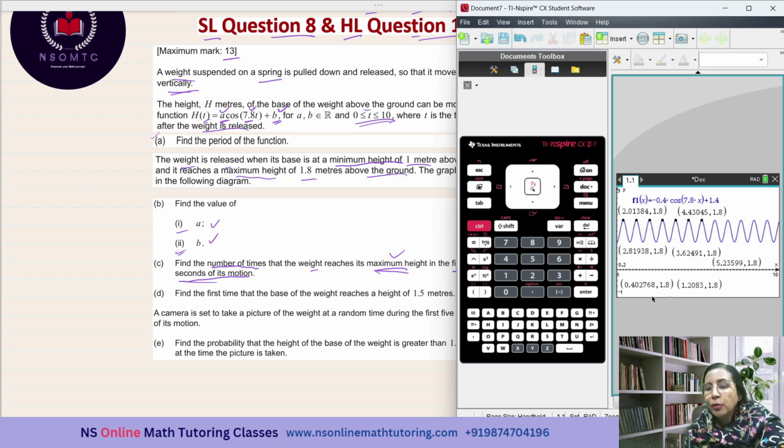I need only the first 6, and I will be taking this t equal to 0.40, taking up to 3 significant figures, so 0.403.